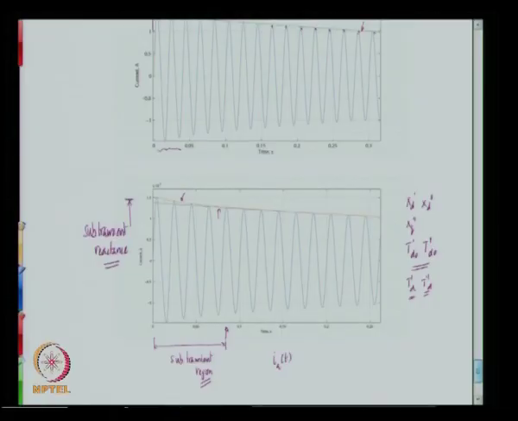Now we have done this by analysis, by equations, and therefore we have only derived an expression for Ia of t.